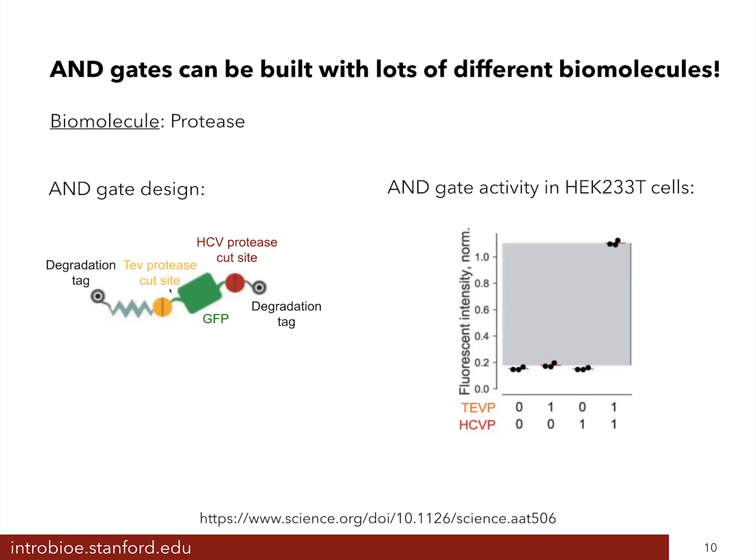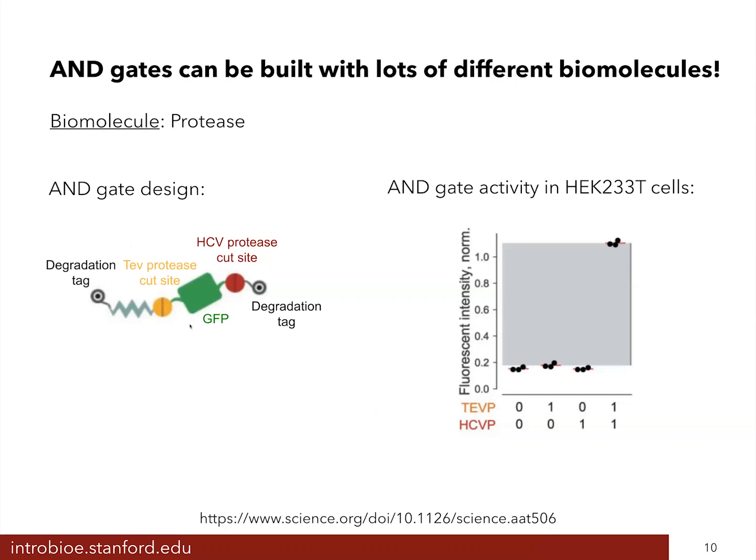It will essentially cut off this degradation tag. Your second input is going to be this HCV protease, and it will cut off the other degradation tag. So when you have both TEV protease and HCV protease expressed in your cell, you'll cut off both degradation tags and get a GFP signal.